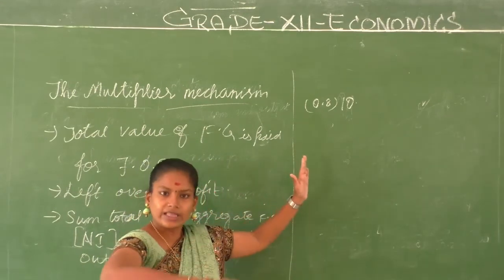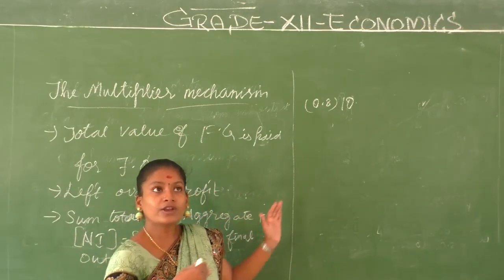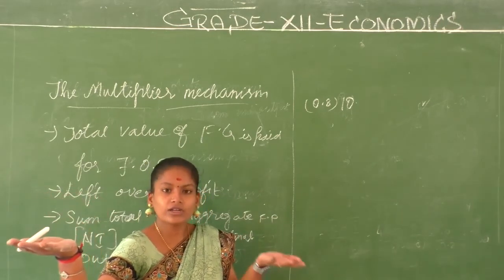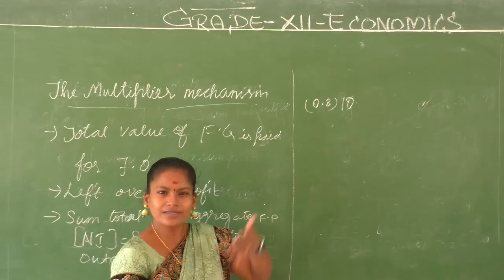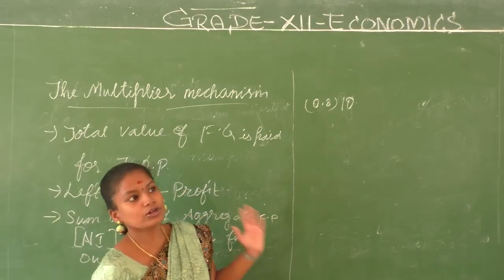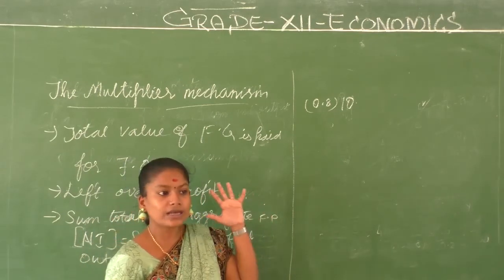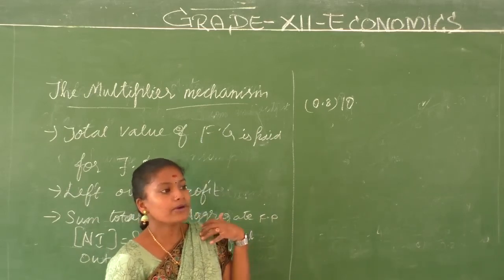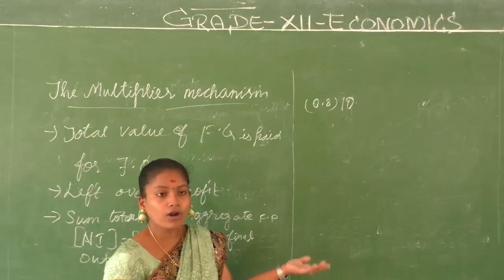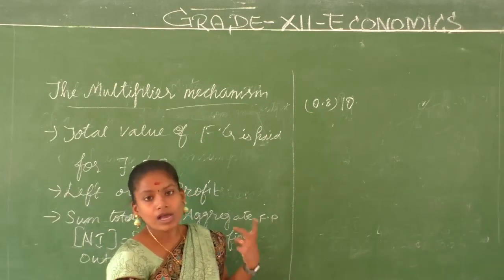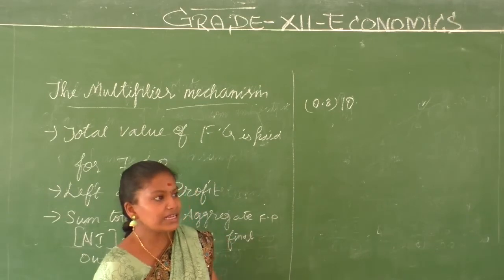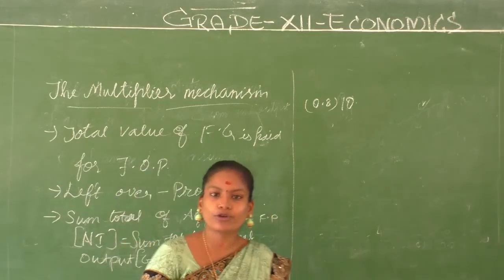When they are ready to spend more, when they are ready to consume more, the demand also increases. Consumption expenditure increases, the demand also increases, because we know aggregate demand is the sum total of consumption expenditure and investment expenditure. So what does the firm have to do? The firm has to increase its production by 10 more units.